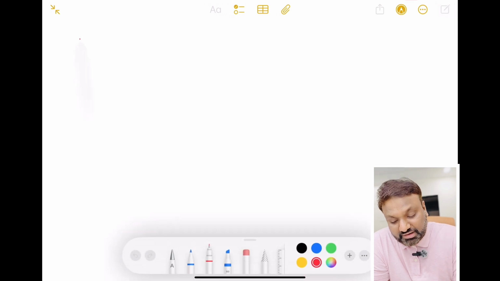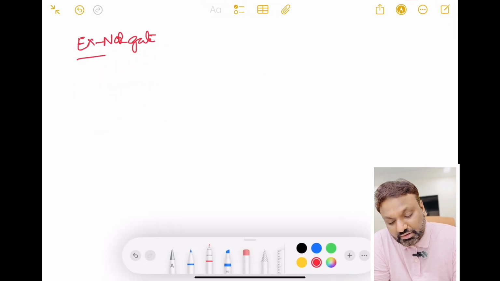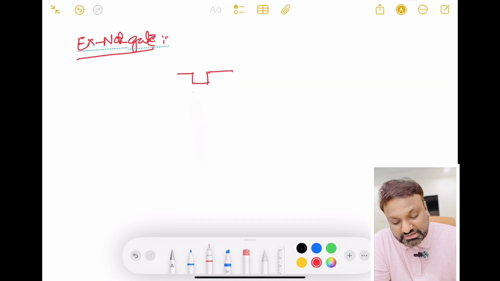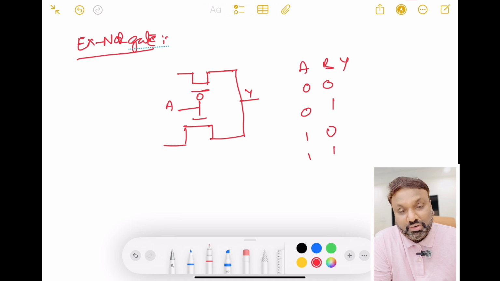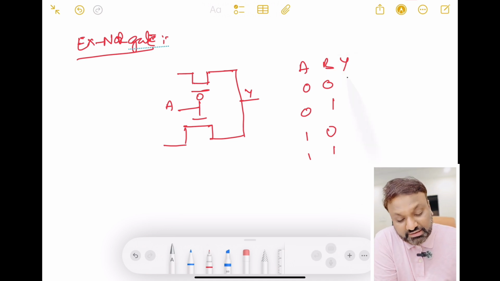Similarly, I can have the exclusive NOR gate. So I will draw the same structure. Remember, the structure is the same for all the logic gates, only the inputs you are changing, right? Until here it is the same: Y, A, B. What is an exclusive NOR gate? It is 1, 0, 0, 1.